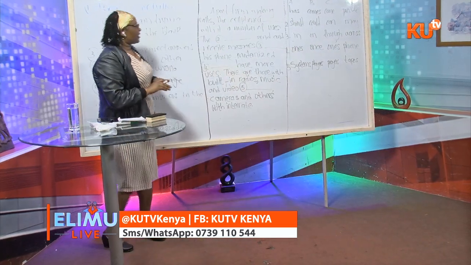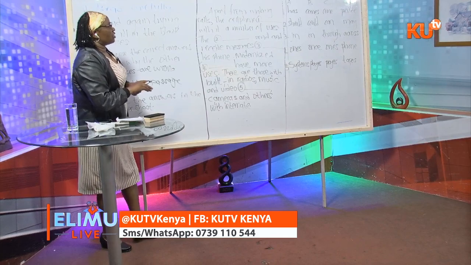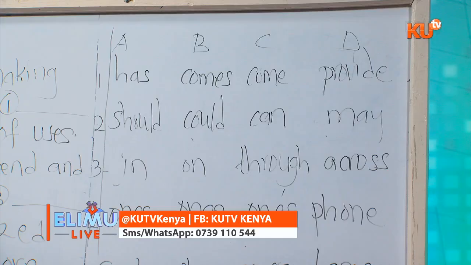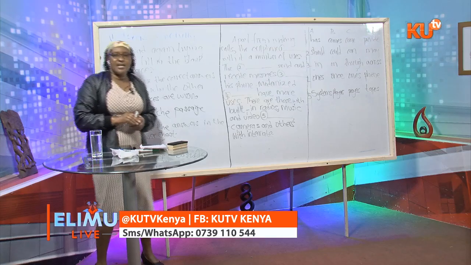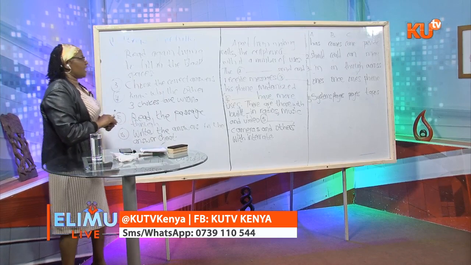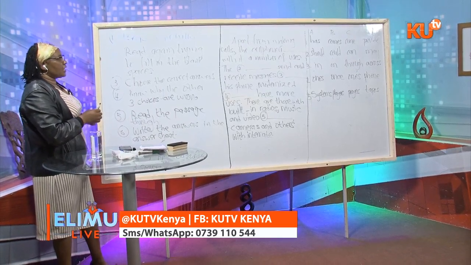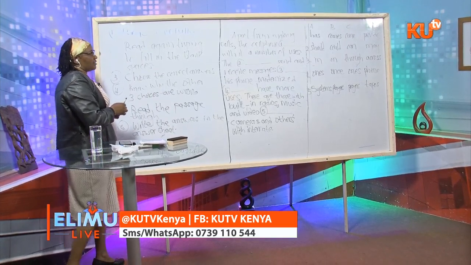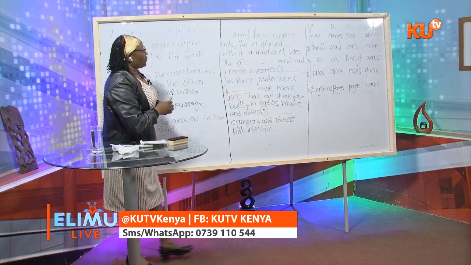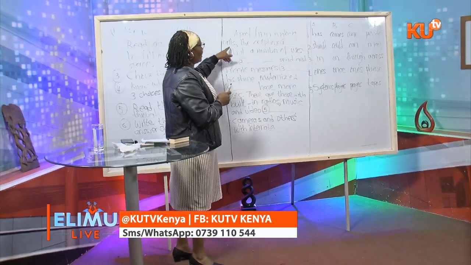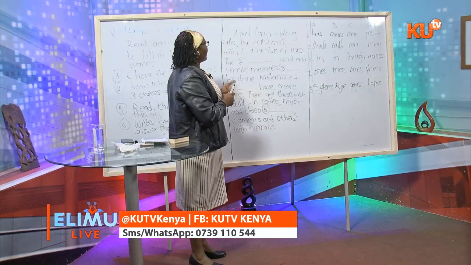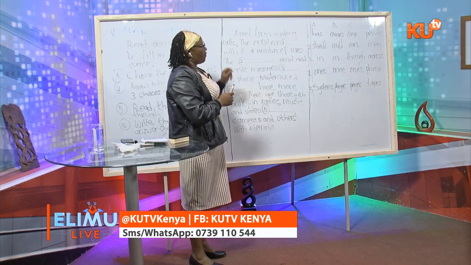I'm sure you have already read the broken passage or the clause, and here are the choices for the broken passage. And we have already read through our broken passage, so we try to fill in the blank spaces. So you find that in number 1, we have, apart from making calls, the cell phone.